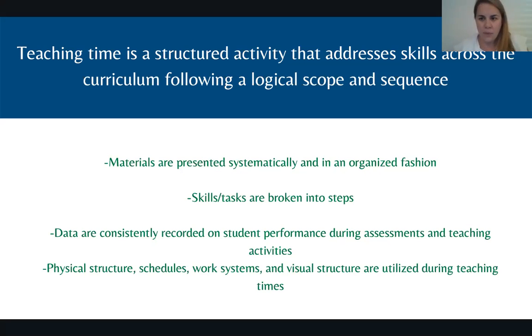Data is very important, and as an ABA-based teacher, data is consistently taken during the day for everything, to really know that your student has mastered or is doing the appropriate steps toward mastering the skill. Data is almost like your support, so you can go back.